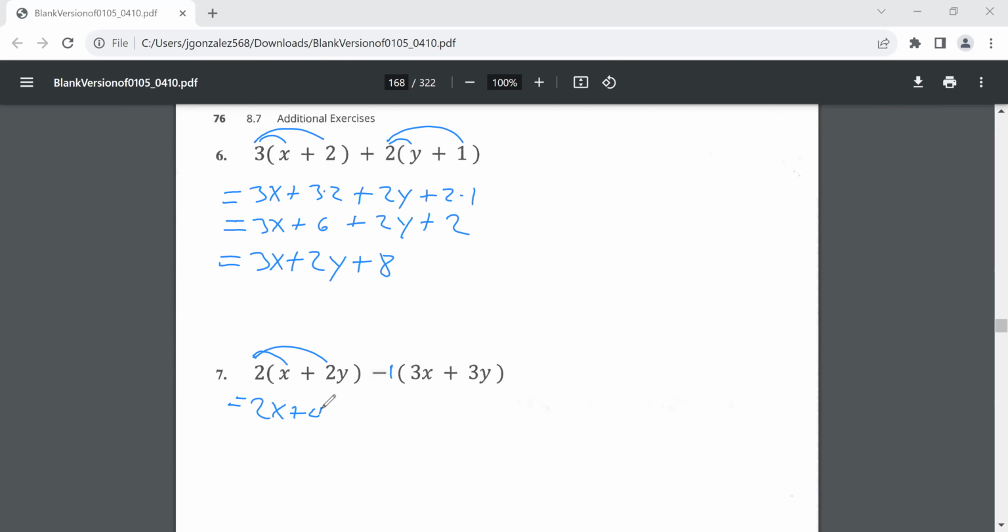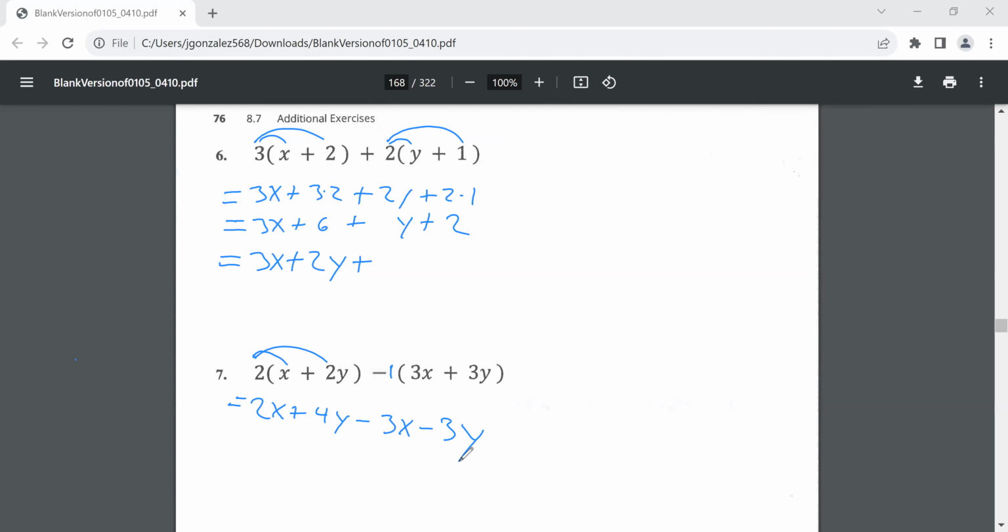This just becomes opposite. So just opposite signs. That's it.